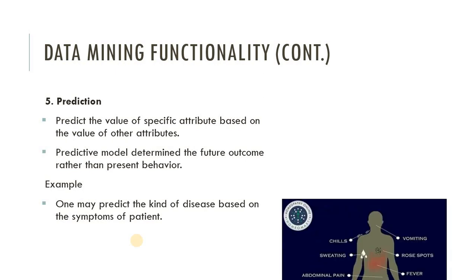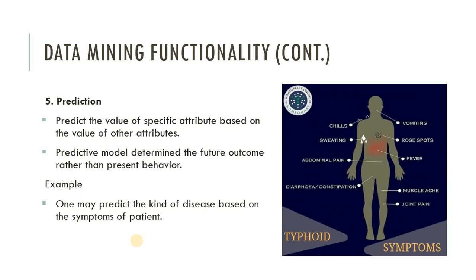As shown in the figure, there are multiple symptoms like chills, vomiting, rose spots, abdominal pain, fever, sweating, diarrhea, muscle pain, and joint pain. So these are called the symptoms. If I have these types of symptoms, then I will go to the hospital and meet the doctor.